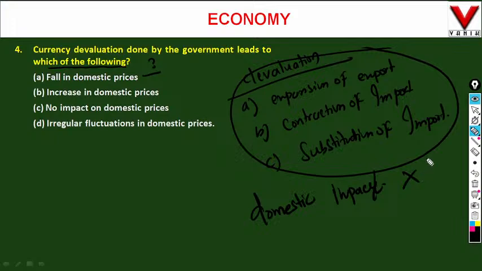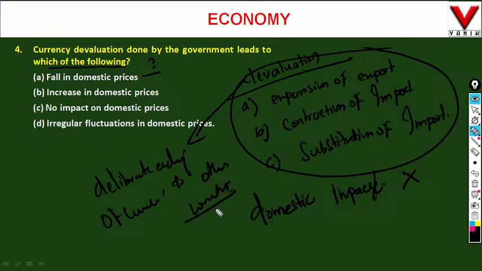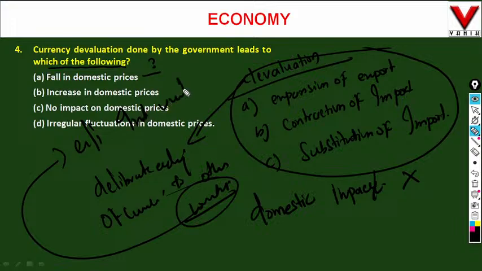Devaluation, as I told earlier, is a deliberate adjustment of a currency relative to another country's currency. Since the valuation of currency is for external exports and imports, the internal value remains the same.